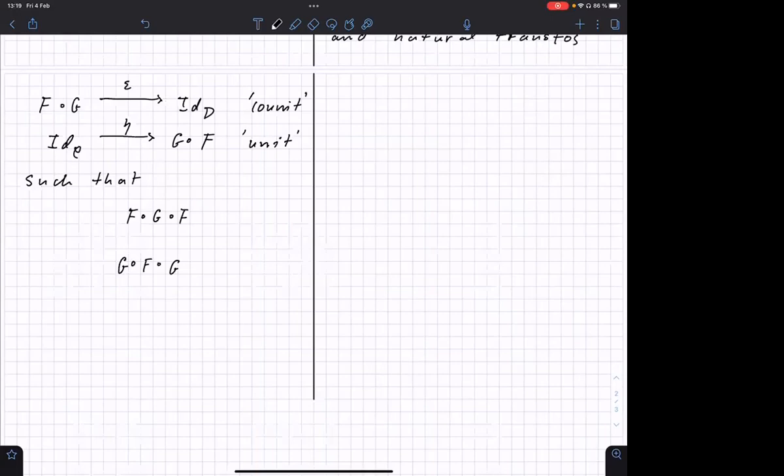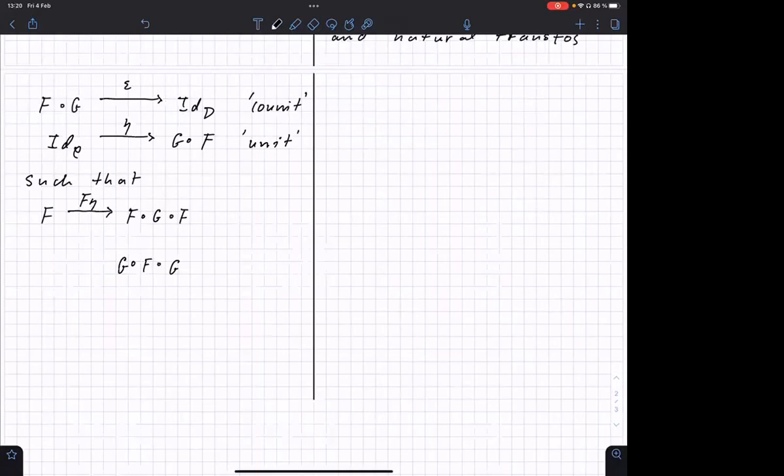And let's see, doesn't matter which order I do them in, I think. So in the first one, I could look at the unit and apply F to it. So that would give a natural transformation F eta from F to this triple composite.